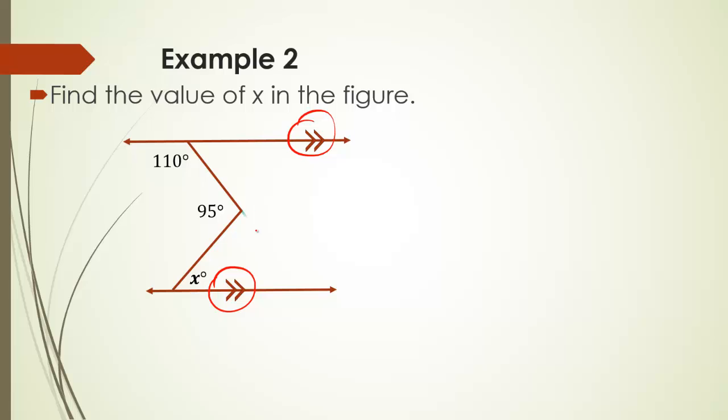So what you're going to do is draw a line extending down like this. That turns this angle into a supplementary angle to that one. So if this is 95 degrees right here, this one has to equal 180 minus 95, which is 85.